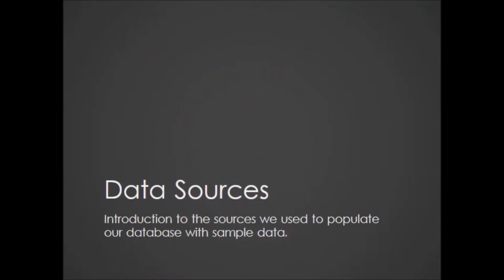Now that we've shown what kind of information is needed for the population, we'll now present you the sources we get this information from. We classify our sources into three main categories. First, we have sources that provide us with real content. That means that these sources contain meaningful information, especially about movies.